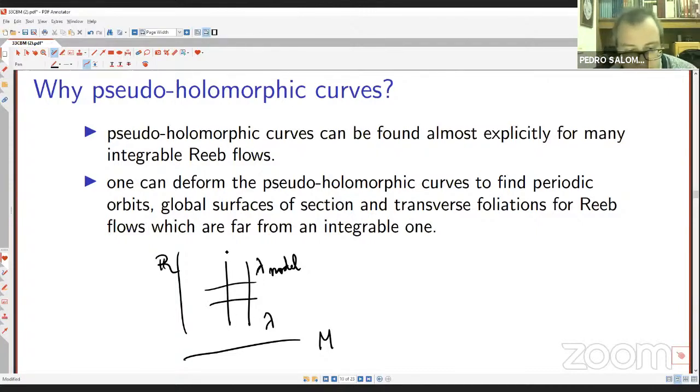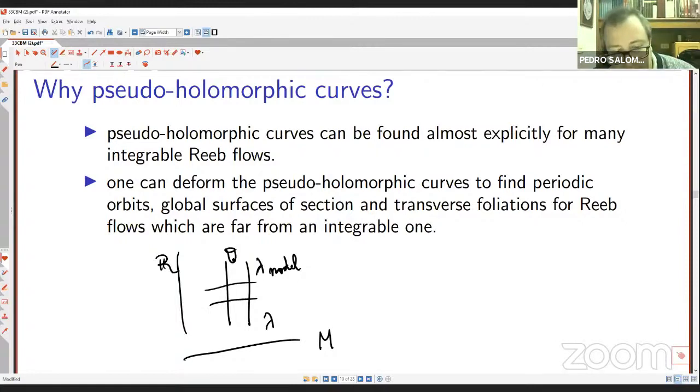This is called a symplectic cobordism, and your holomorphic curve that solves your model, let's say a plane, will also solve for the J adapted to the coordinates.